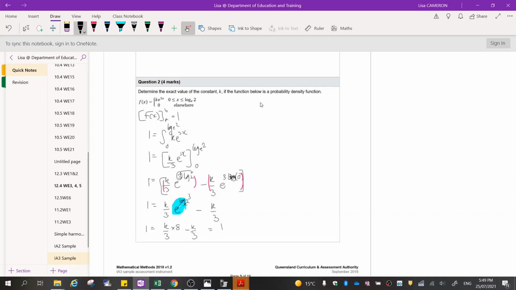Let's do this working over here. 1 equals 8k over 3 minus k over 3. Look at that, nice denominators. Because they've got the same, I can just subtract them. So that's going to become 7k over 3. Take this 3 up and multiply. Take the 7 down by dividing. And that is my value of k.